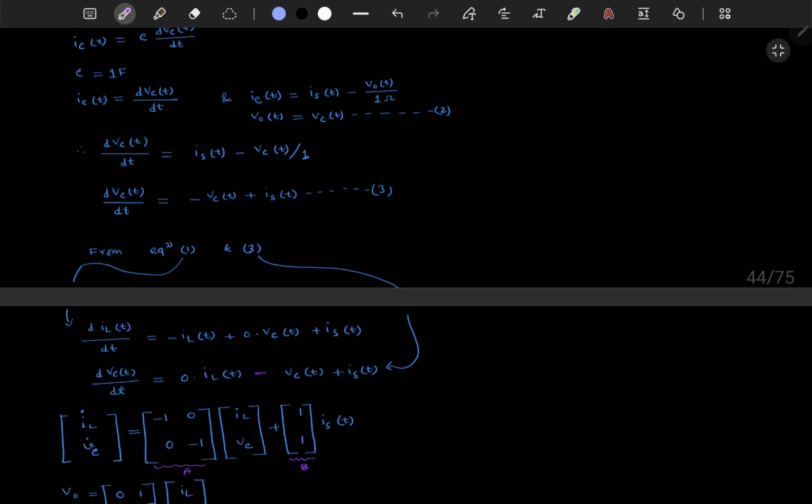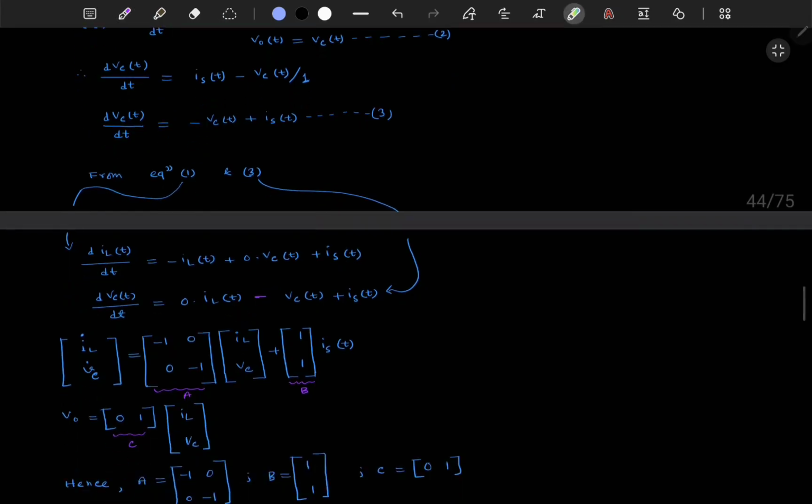Here the minus sign is there. Now we can write it like IL and VC. Here the coefficient is minus 1, and this coefficient is 0, and this is 0, and this is minus 1, and here the coefficients are 1 and 1.